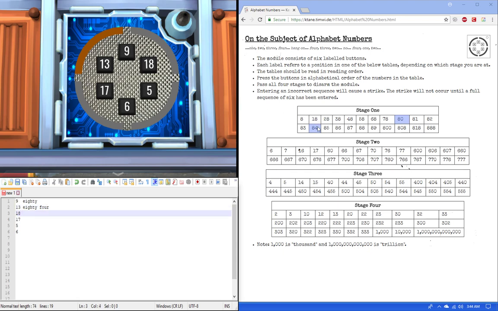Then 18, 13, 14, 15, 16, 17, 18 is going to be 89. And then 17 is 88.